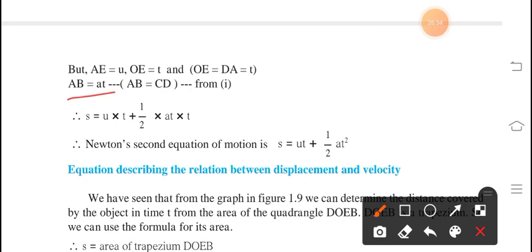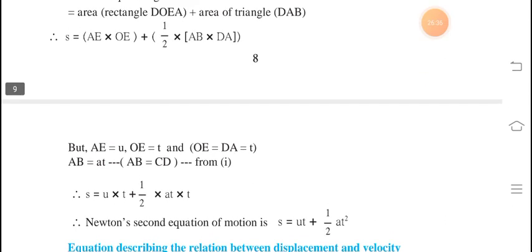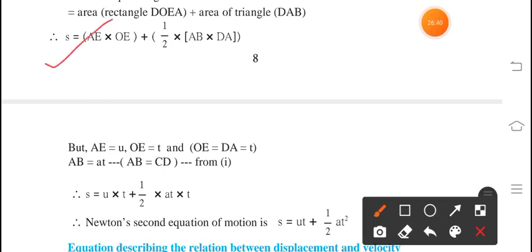Now I will substitute all these things in my equation. Here I am taking this equation: S is equal to AE is U, OE is T, so U multiplied by T, plus half. Instead of AB I am writing 80, and instead of this DA I am writing T. So I have substituted all these things.